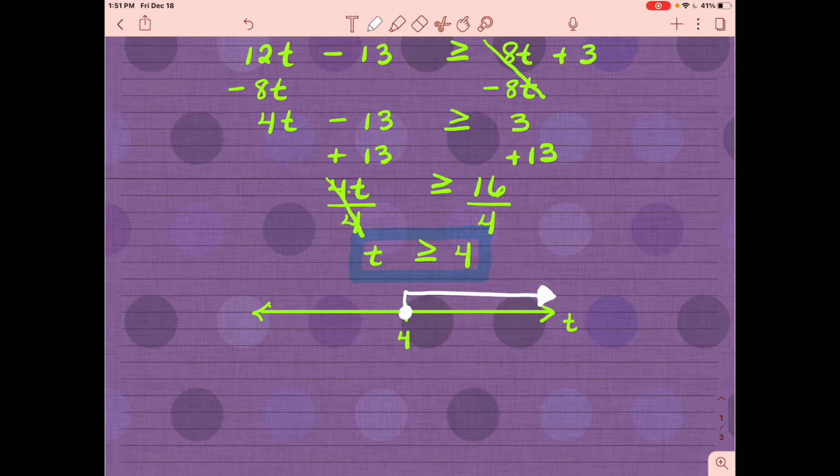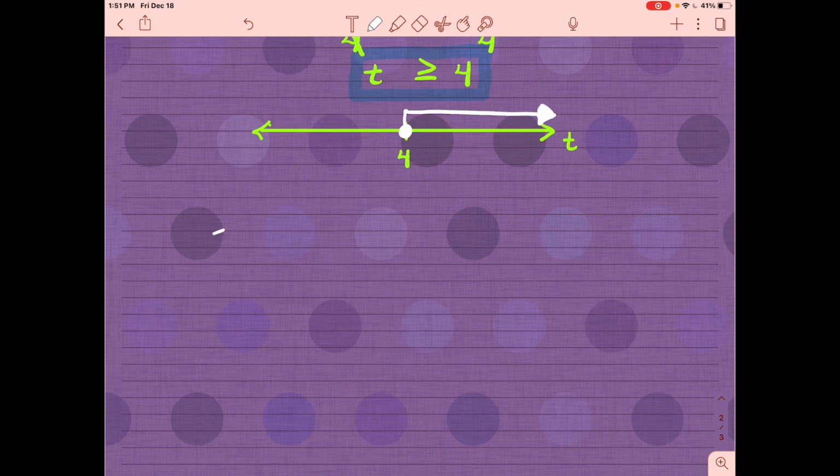Number 5. I have 9. Okay, I'm actually going to go to the B part of this. Oh no, I'm going to do the A. I'm going to do 5. Okay, this is 5A.